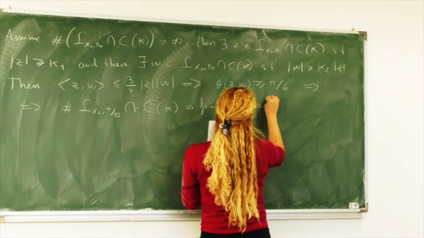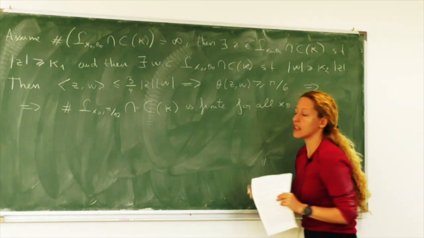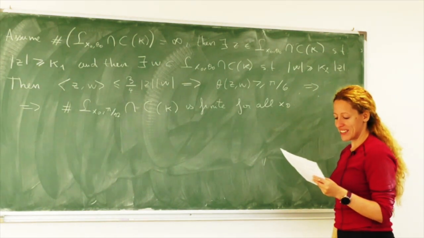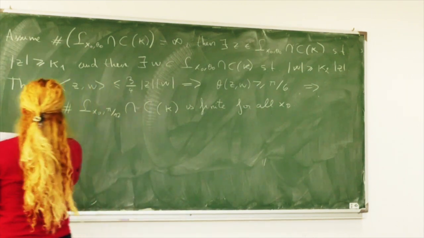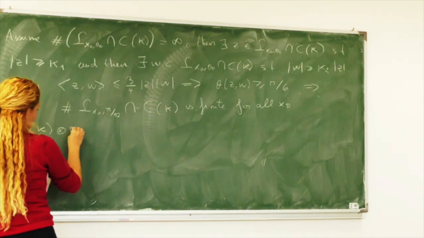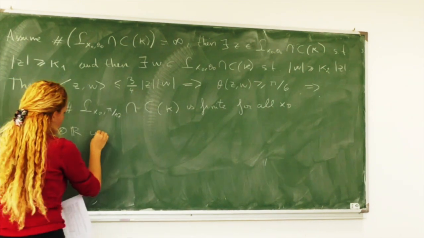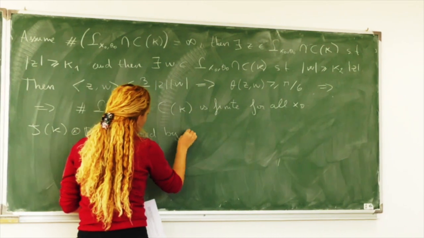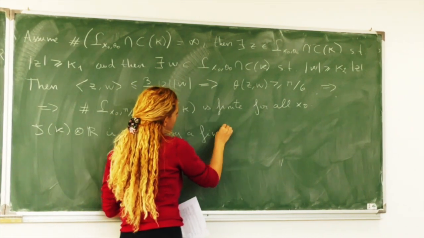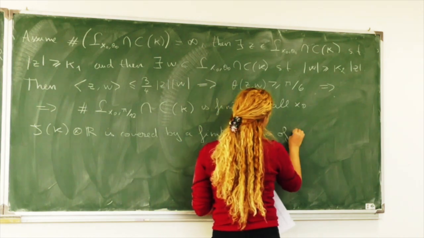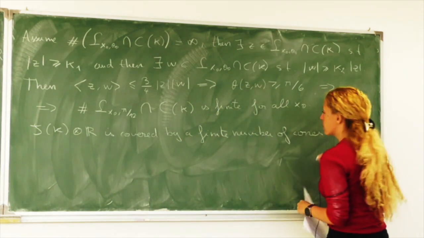For all x0. So the x0 is irrelevant. But now is the thing that we said, that actually Jk, the Euclidean space we started with, is covered by a finite number of cones.